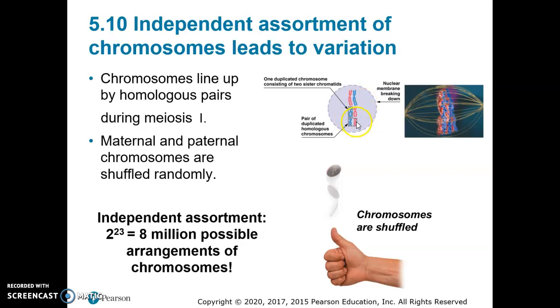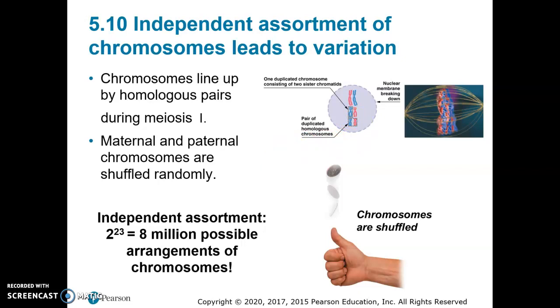So if those two reversed and the red one was over here, then when these split down the middle, I would be producing gametes that had my mom's blonde hair and information for my mom's right-handedness, and then I would have gametes for my dad's black hair and my dad's left-handedness. Something like that. That's exactly what's going on.